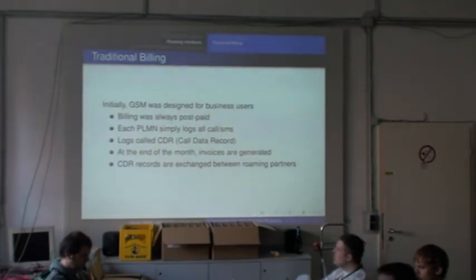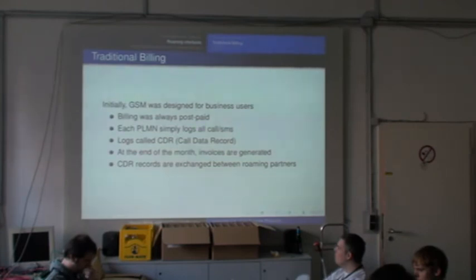So what happened is basically each network just logs all their calls, SMSs and so on, and then they exchange CDRs, call data records. Those exchanges can happen at the end of the week, end of the month or something, but not very frequently. And then the CDR records are exchanged between roaming partners. Sometimes also there are dedicated CDR clearing houses and billing outsourcing providers and all kinds of things that the industry is coming up with.